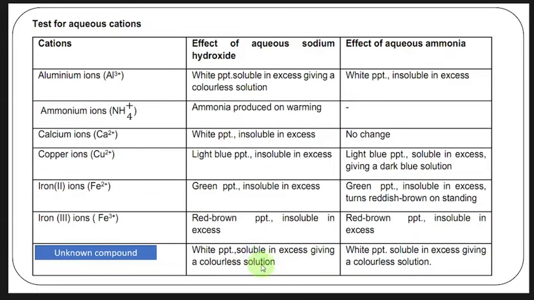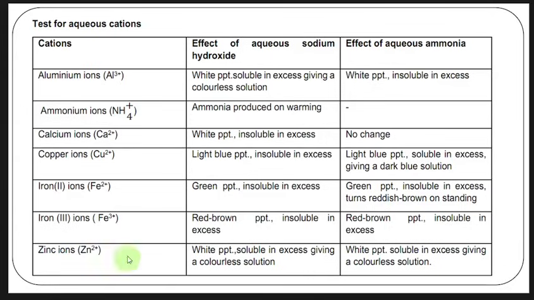Then to the other portion of the same compound that is not yet tested, you test with aqueous ammonia, adding a few drops, and you see a white precipitate. Now you add excess aqueous ammonia, and that white precipitate is again soluble in excess, giving a colorless solution. Then that compound contains zinc ions.